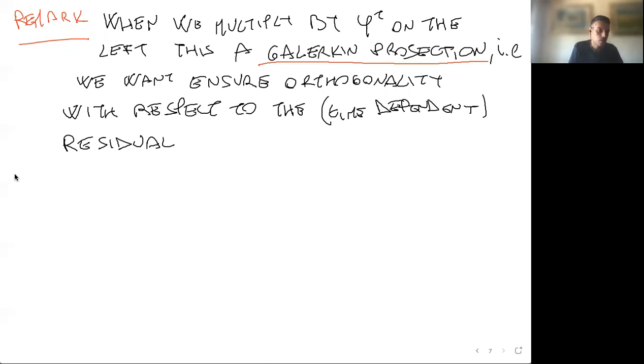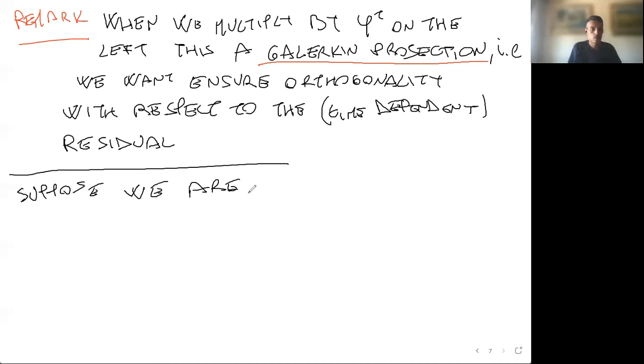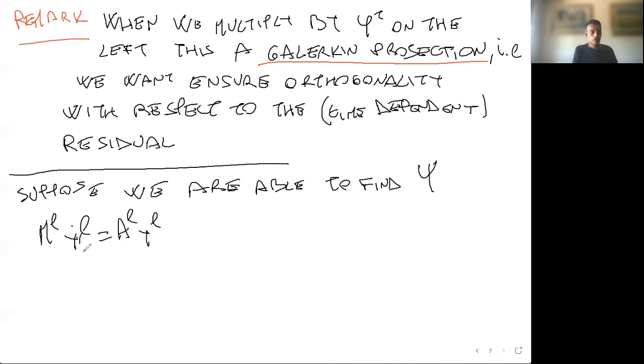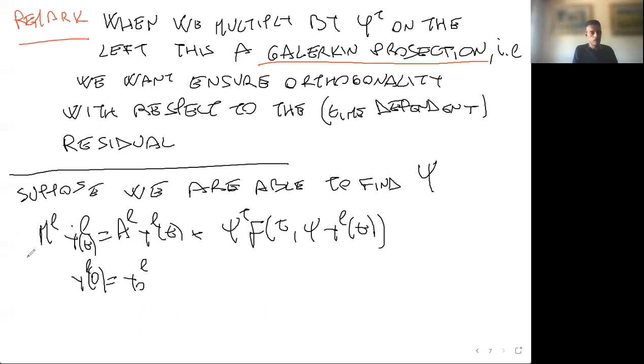All right. So suppose that we are able to find the matrix psi, and we get ML y dot L equal AL YL of t plus psi transpose f of t, YL of 0 is equal to Y0L.